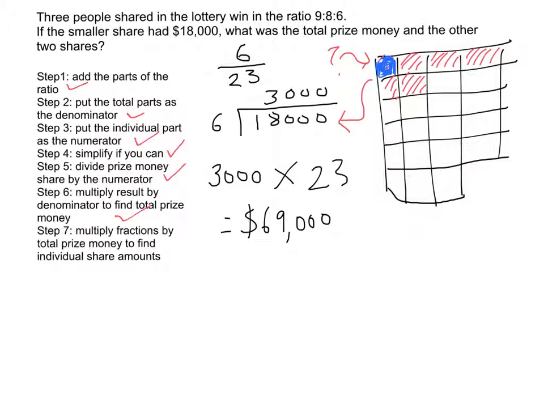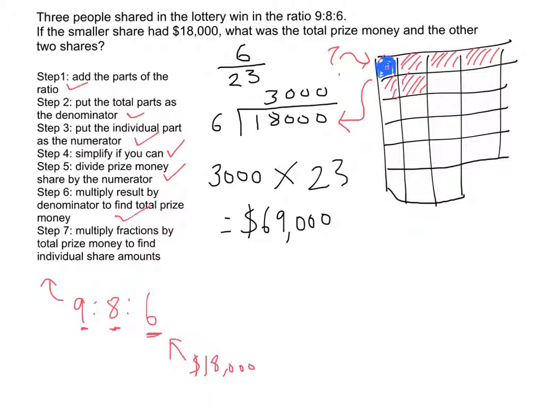What this is basically referring to is that in this ratio here, we know what 6 is. We know that that's 18,000. But we don't know yet what these other individual parts of the ratio are.